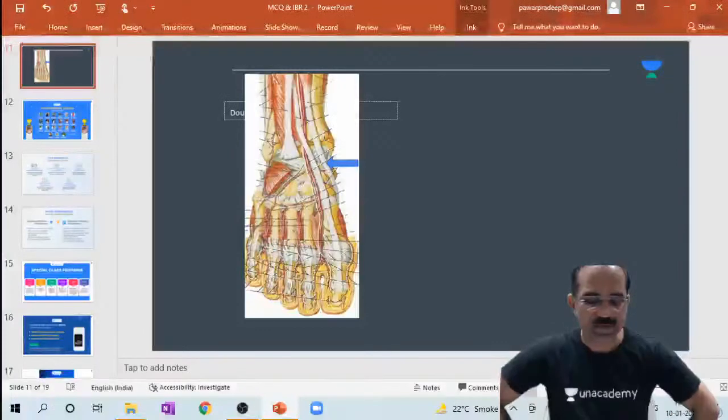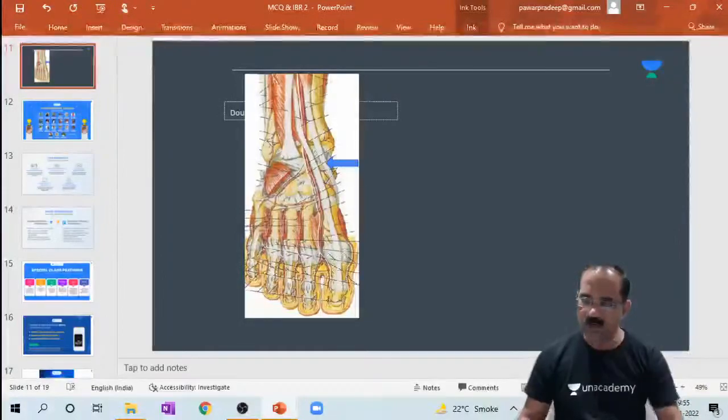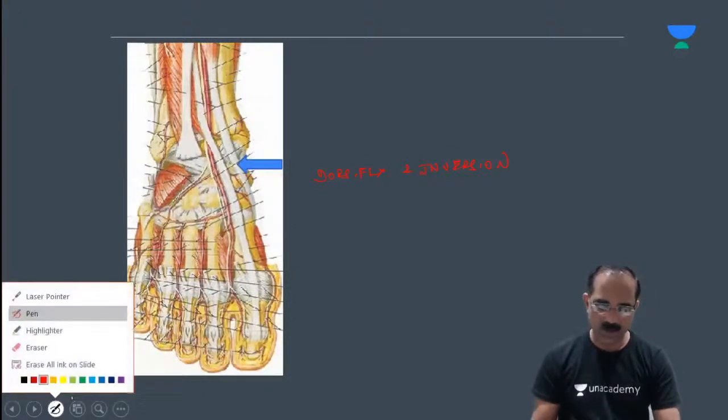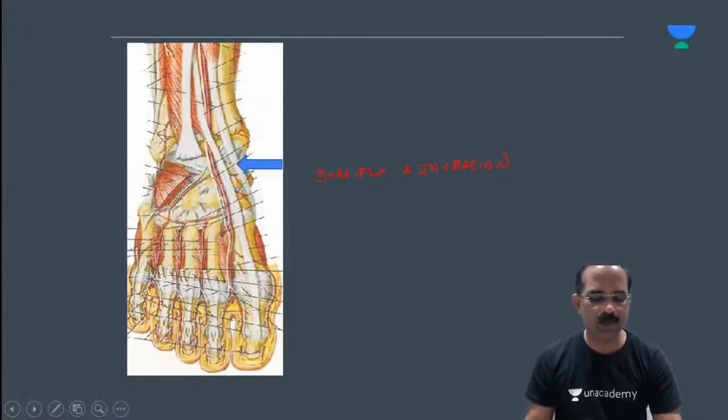That's inversion. A very important MCQ. So what is the action of tibialis anterior? It does dorsiflexion and inversion of the foot. Okay, so dorsiflexion and inversion.